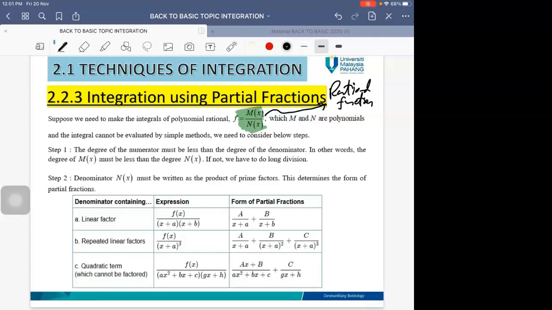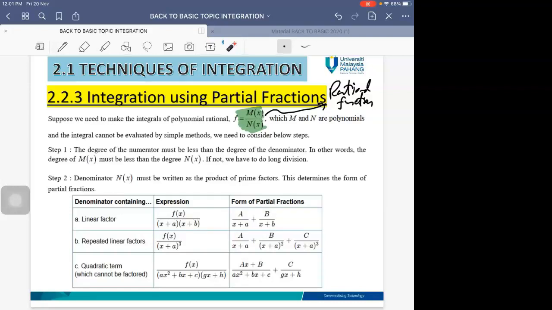So this time we use partial fraction. Suppose we need to integrate a polynomial rational function, f(x) over g(x) or m(x) over n(x), where m and n are both polynomials. For example, (x plus 1) over (x cubed plus 3).